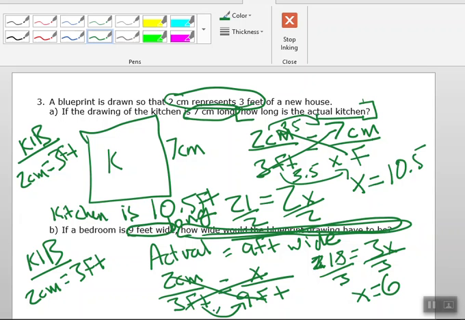I multiplied by 3, and then I can multiply the 2 centimeters by 3. Either way, I'm getting that the blueprint drawing is 6 centimeters.